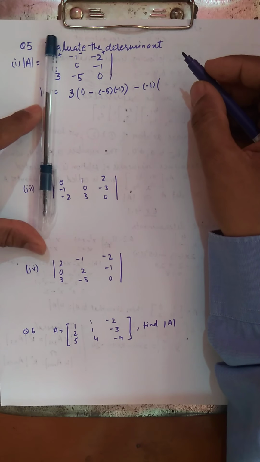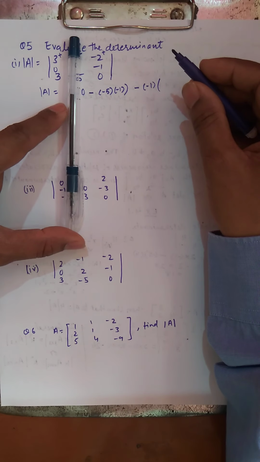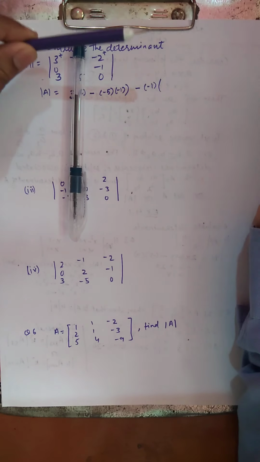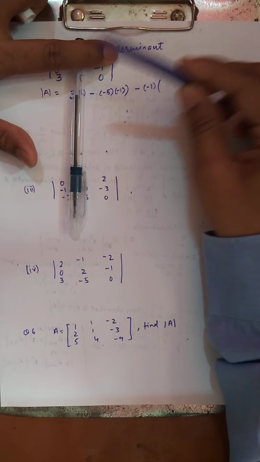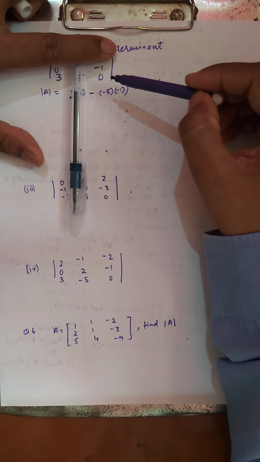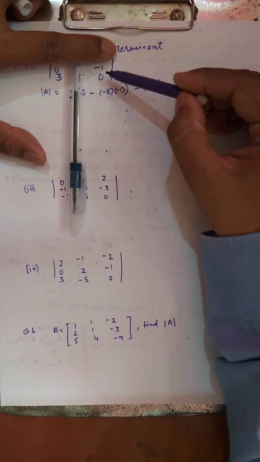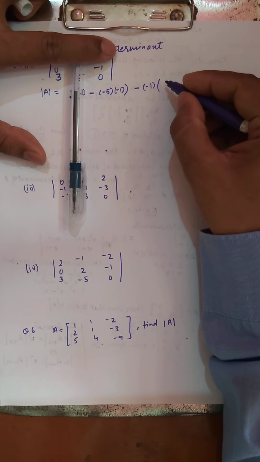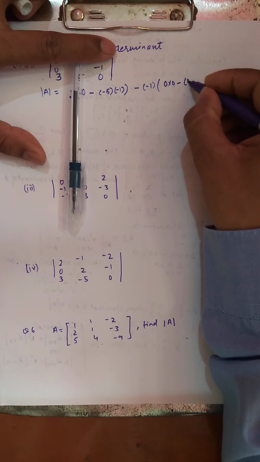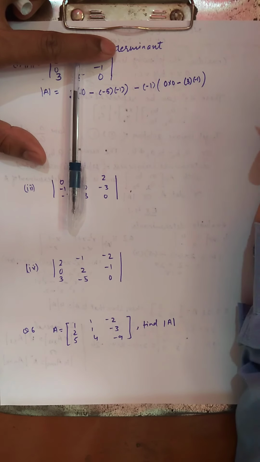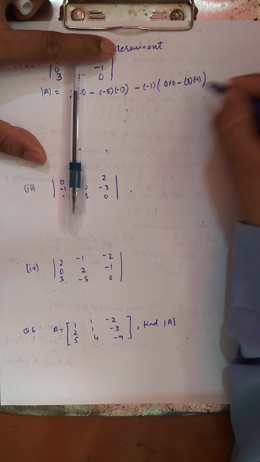Now you hide column 2 and row 1. If you hide them, you will be left with 0, 0 and 3, minus 1. So you do the cross multiplication: 0 into 0 minus, bracket, 3 into minus 1. So this value is calculated.